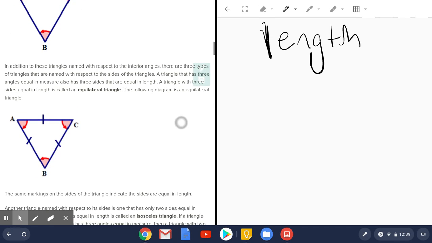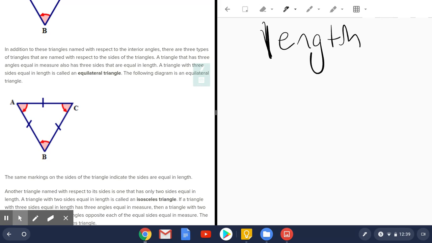So, in addition to these triangles named with respect to their interior angles, there are 3 types of triangles that are named with respect to the sides of triangles. A triangle that has 3 equal angles equal in measure also has 3 sides that are equal in length.